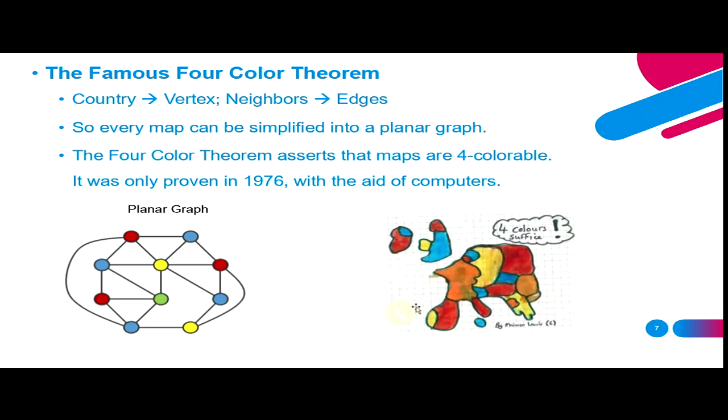And this theorem basically asserts that all maps are four-colorable. So we can use 4 colors to color every map you can find in the world. This theorem was only proven in 1976. It's the first kind of mathematical problem that got proven using a computer.